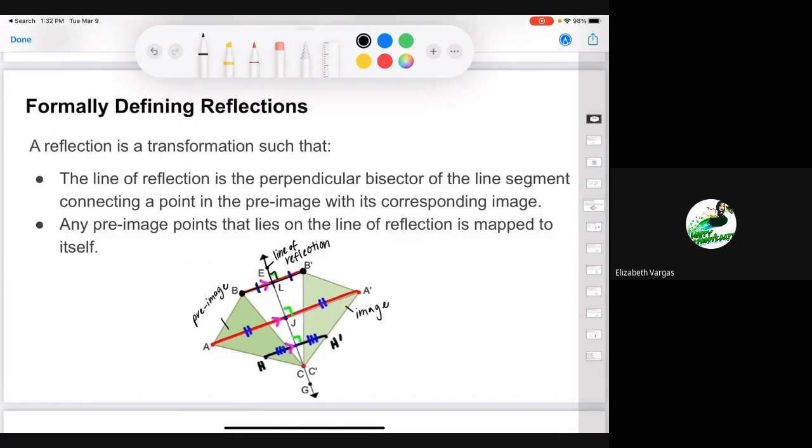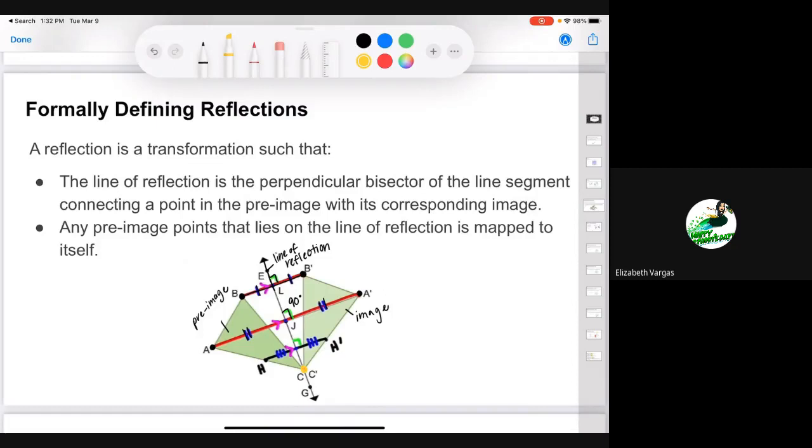Same thing goes for all the points. If we created a line segment from A to A prime, the line of reflection would be that perpendicular bisector, so it intersects it at 90 degrees, and it also cuts that line segment into two congruent halves.